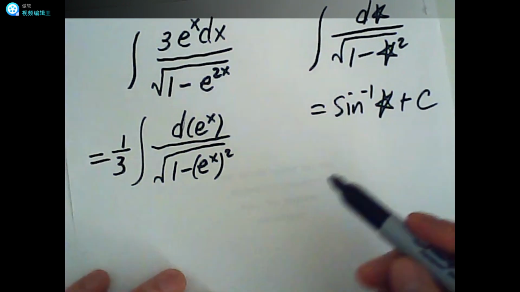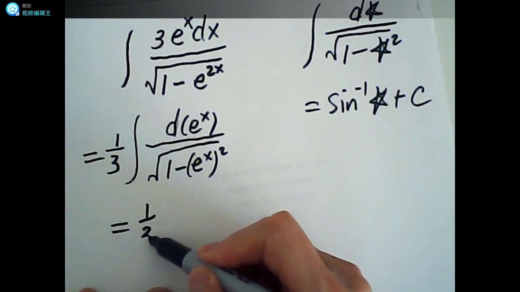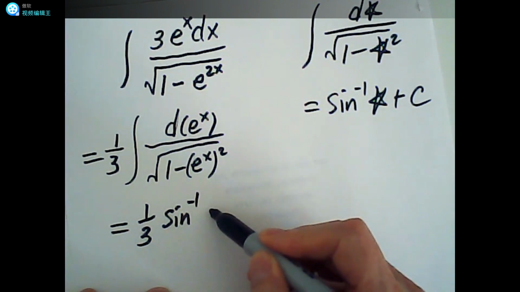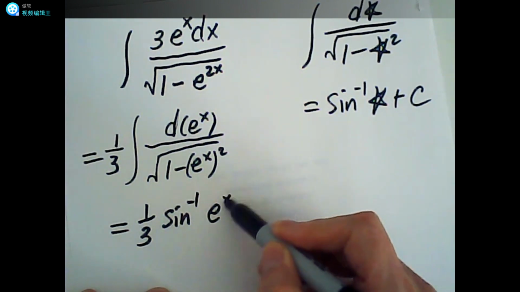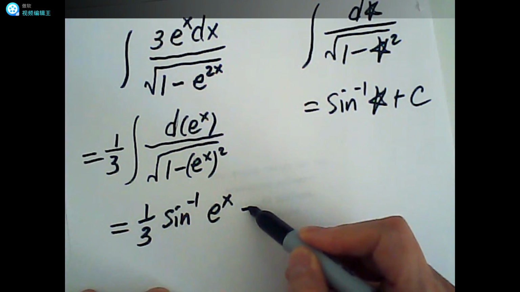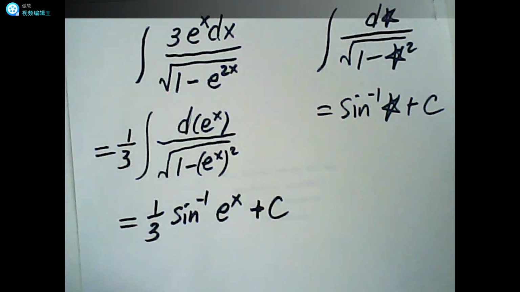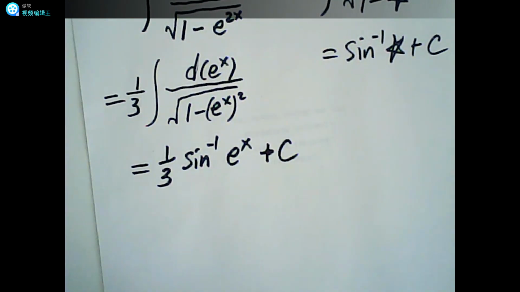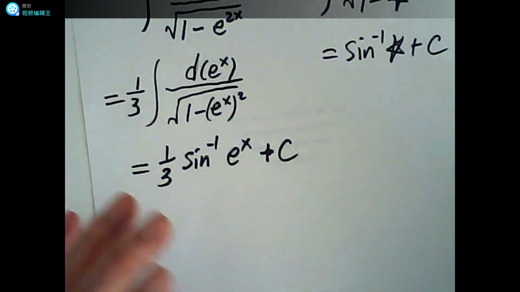Once my equal sign is back, this is done, because I simply use the formula. This is 1/3 arcsine of e to the x plus c, right? Okay, that's done.